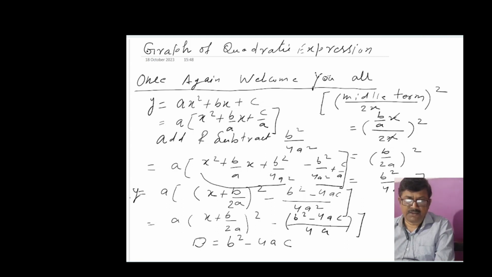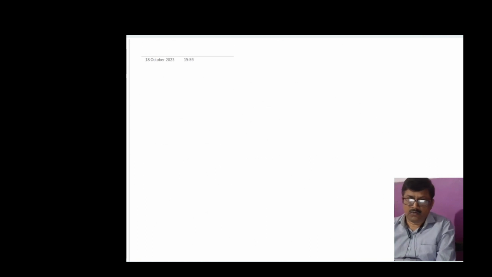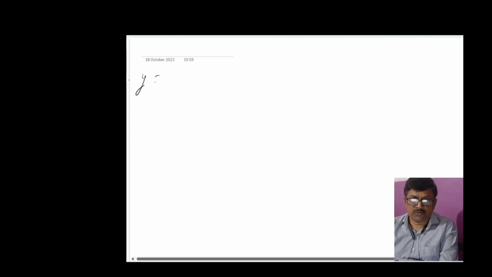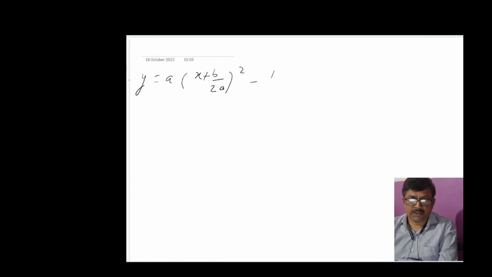I am taking a new page. So y equals a(x plus b upon 2a) whole square minus D upon 4a. I put D in place of b square minus 4ac.